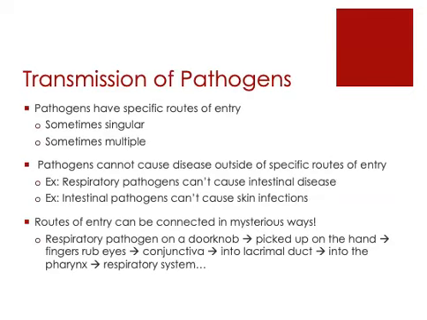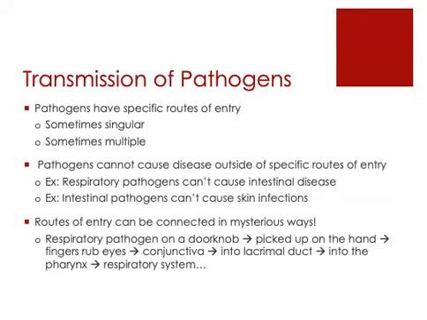It's important to remember, though, that pathogens cannot cause disease outside of their particular routes of entry. You've probably heard people talk about, for example, the stomach flu. There's actually no such thing as the stomach flu. Influenza is a respiratory pathogen.